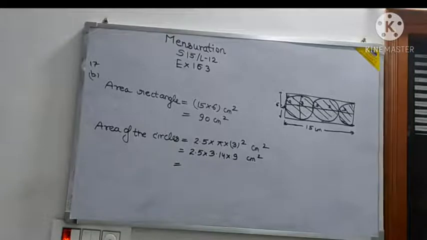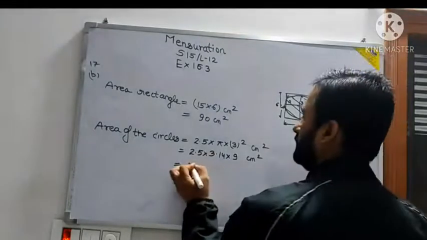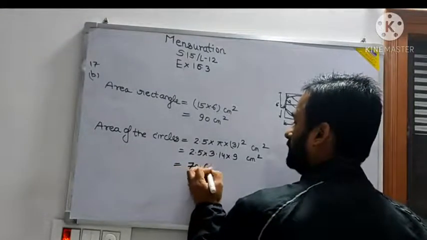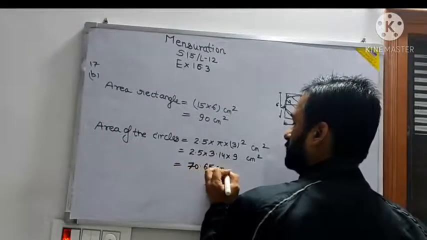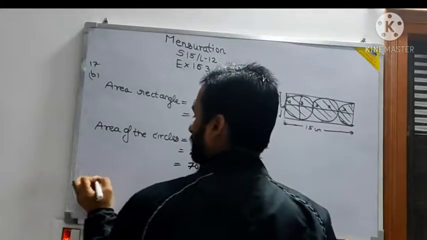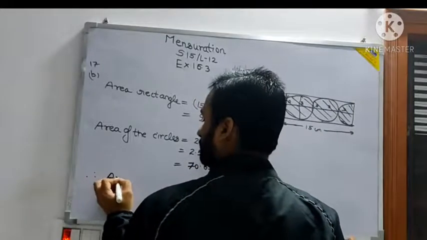So it will be coming as 70 point. When the question tells you to take pi as 3.14, you have to take that only. So it will be 70.65 centimeter square.